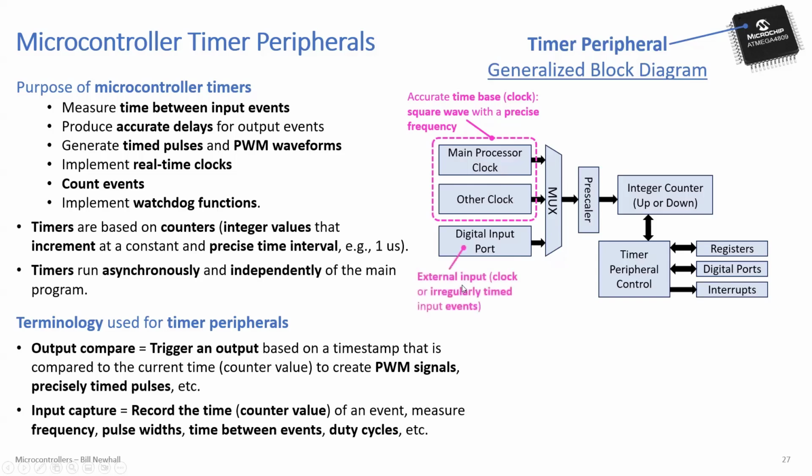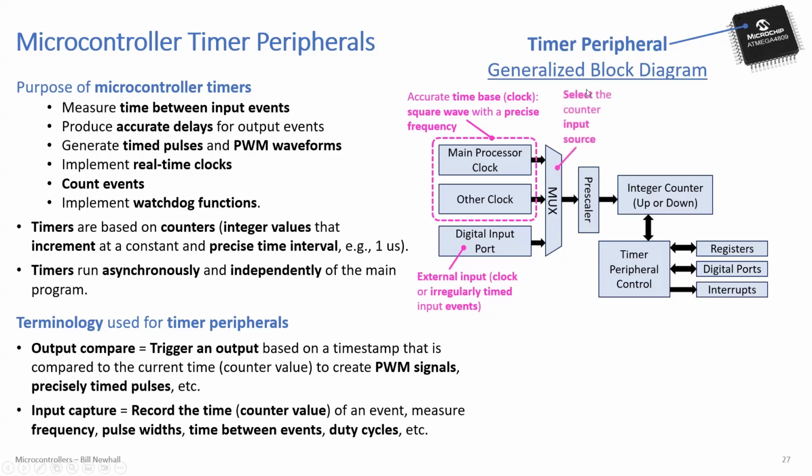You can also have an external input, meaning from maybe a pin of the microcontroller. And that can be another clock input that you have a different time base outside of the chip, or you could actually time not just regular square waves, but irregularly timed input events. Okay, so you can use that digital port input for that.